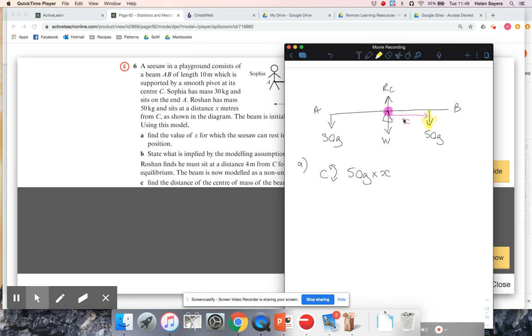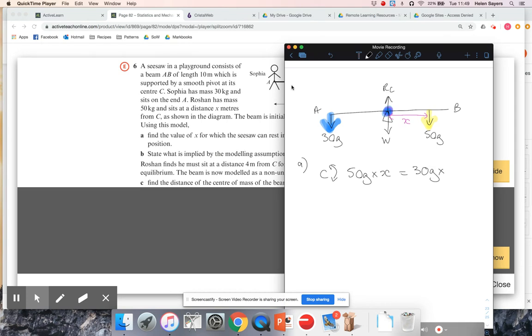Then you've also got this force here. Now, even though they're both going downwards, if you think about them in terms of turning, if we've got a pivot at C, that force will be trying to turn the whole thing anti-clockwise. Okay, so that's the anti-clockwise moment, which is 30g times the distance.